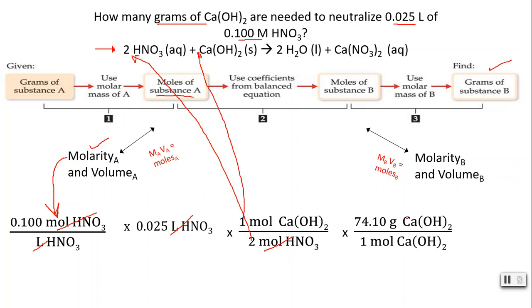So 1 calcium plus 2 oxygens plus 2 hydrogens gives you 74.10 grams. That's how many grams per mole of calcium hydroxide. My moles of calcium hydroxide cancel. And then when putting this in your calculator, and if it makes you feel better, you can put this over 1, you should get 0.093 grams of calcium hydroxide.